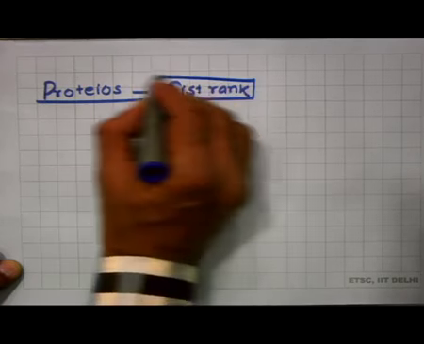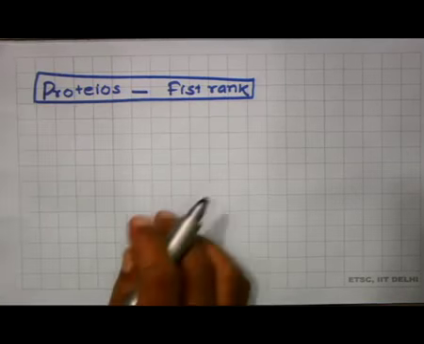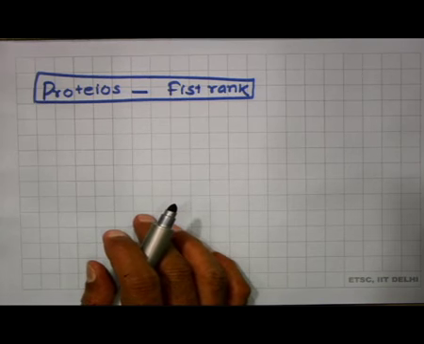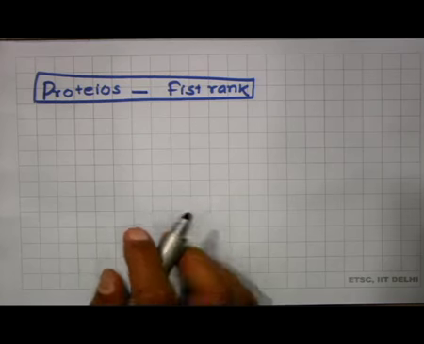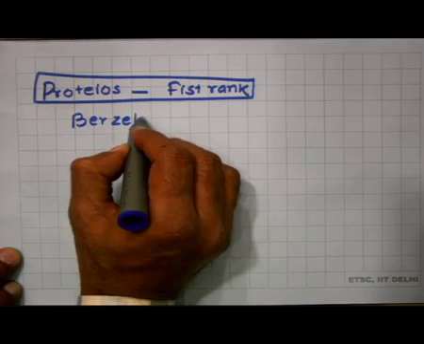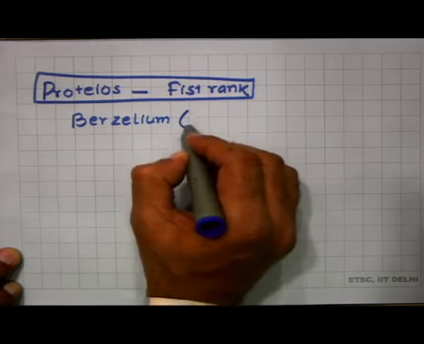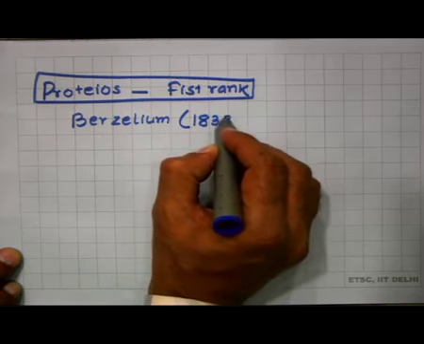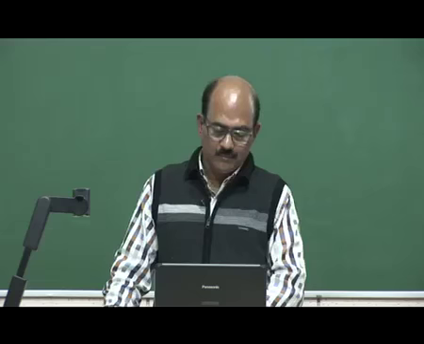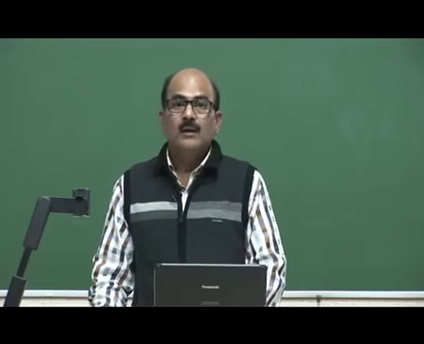It means proteins are the biomolecules which occupy first rank in our cellular life, and the term was given by Berzelius in 1838. It plays a very significant role in the structure and metabolism of the cell.